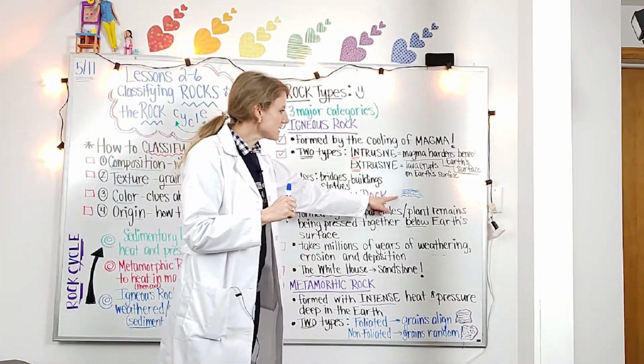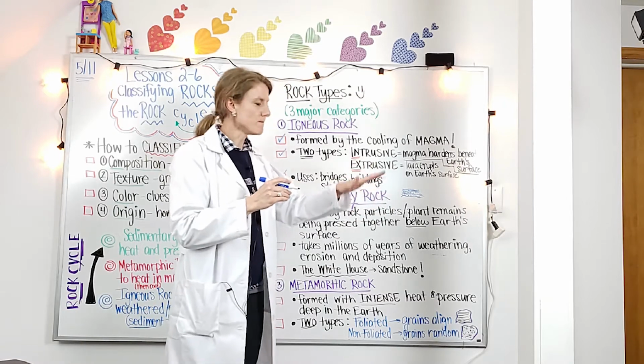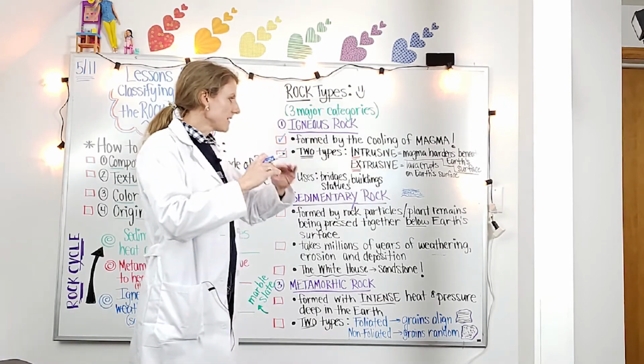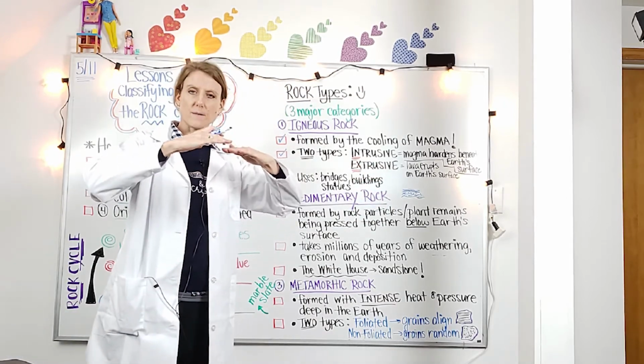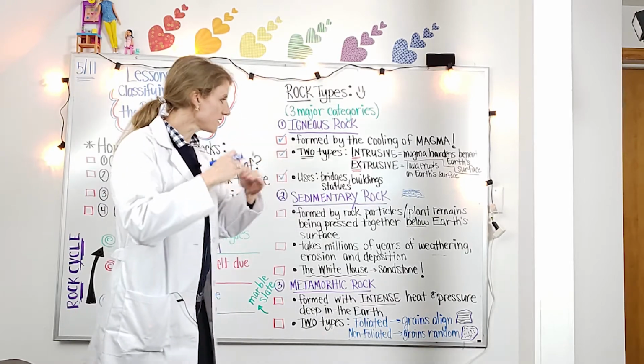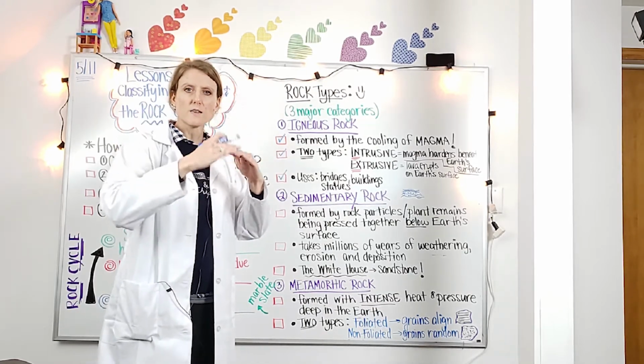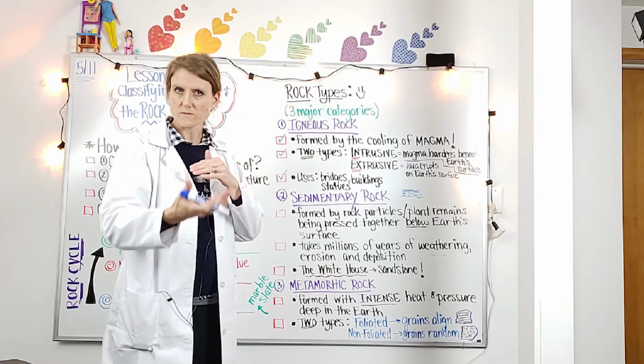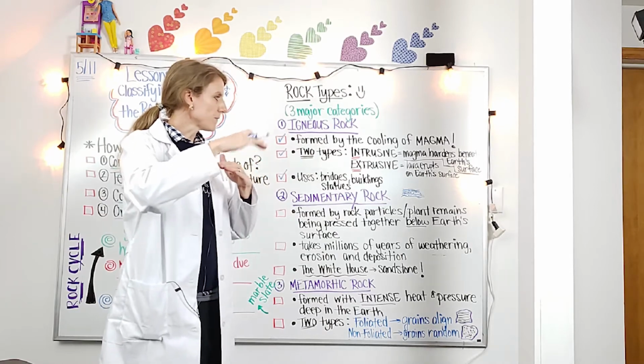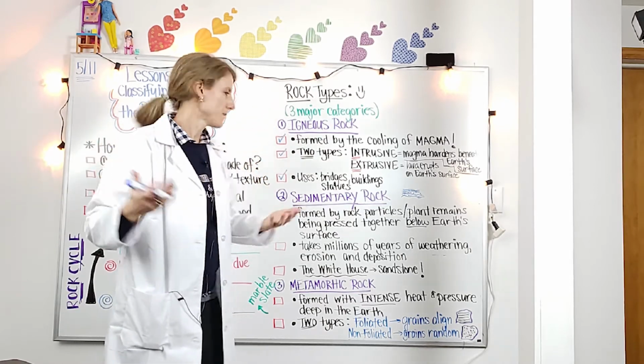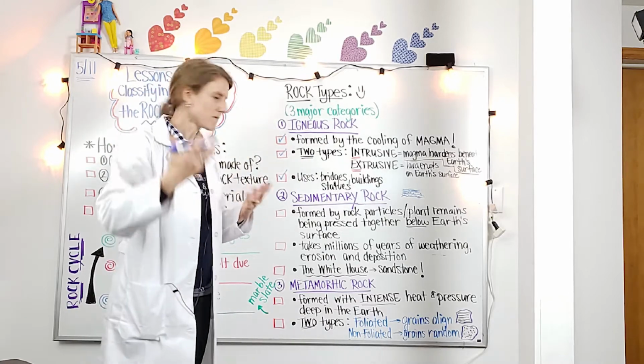But you see these distinct layers that have happened over millions and millions of years, and it's just small layer after small layer, and you'll even see like a discoloration. Some of them are maybe brown, some of them are a different shade of brown, and they're just these beautiful patterns that happen by this layering effect.